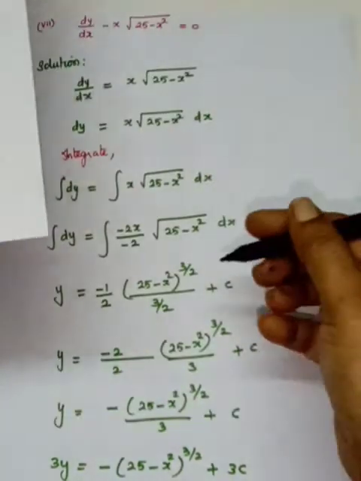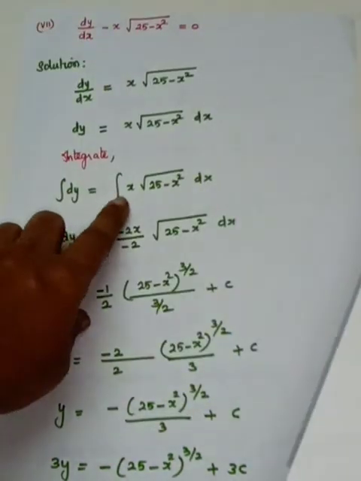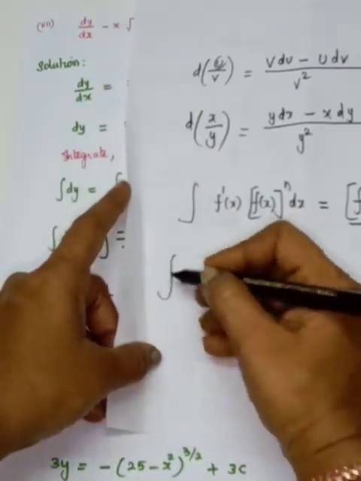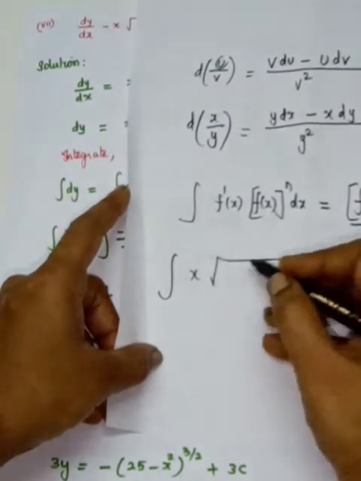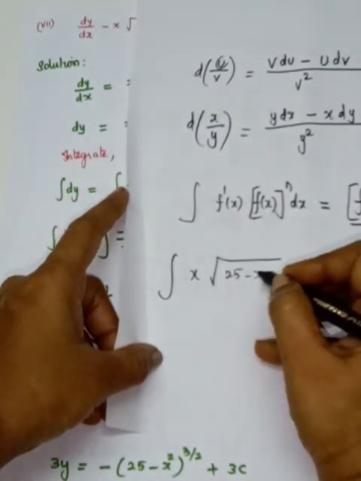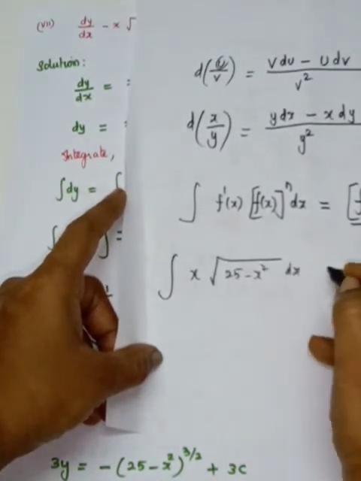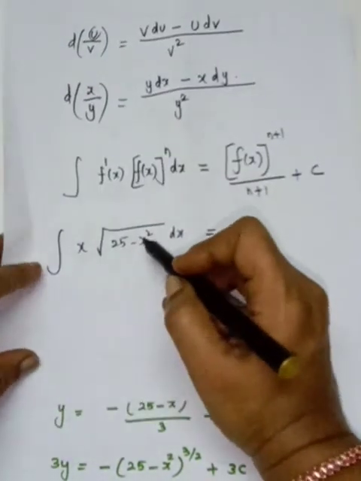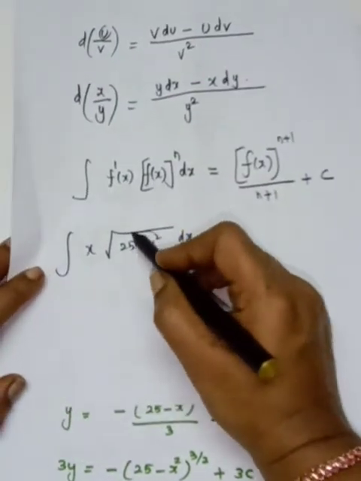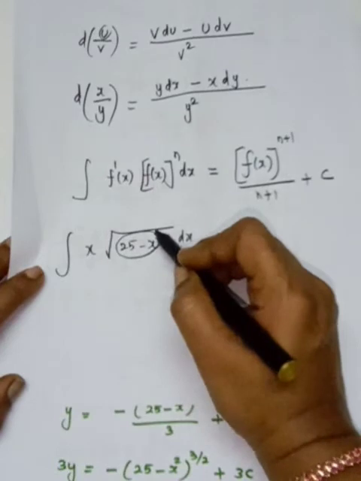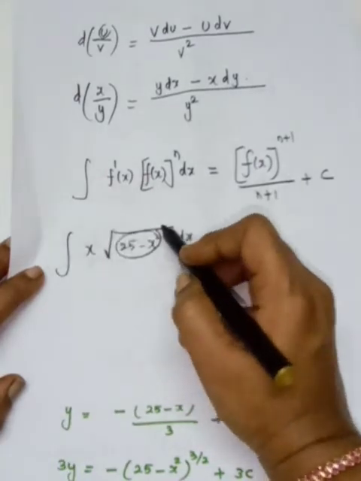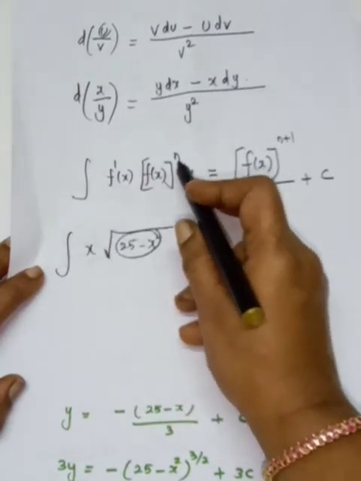Now here you will have the term integral x square root of 25 minus x squared into dx. If you consider f of x as 25 minus x squared, the square root means the power is 1 by 2. So n is 1 by 2.